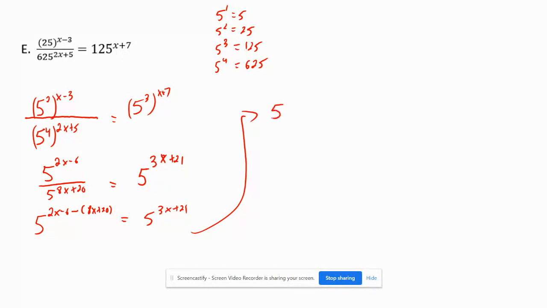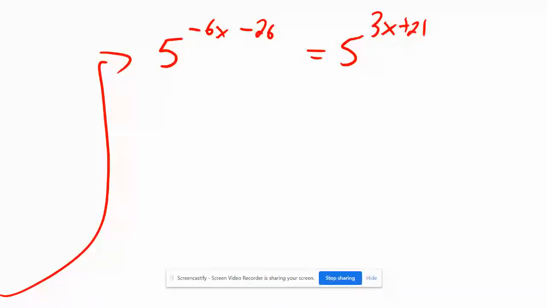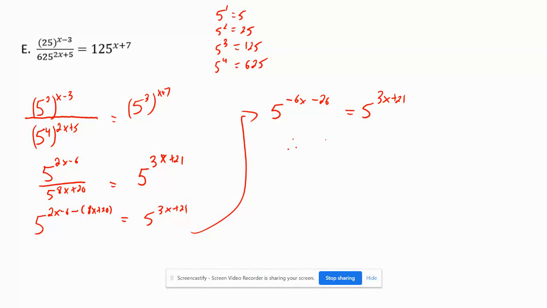Over here, 2x minus 8x is negative 6x. Negative 6 minus 20 is negative 26. So now these guys are both base 5. So therefore, negative 6x minus 26 equals 3x plus 21. Subtract 21 from both sides. Add 6x. And we get negative 47 over 9 is our solution to this equation.